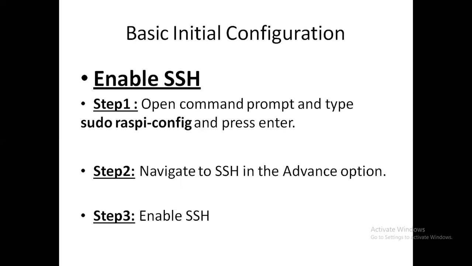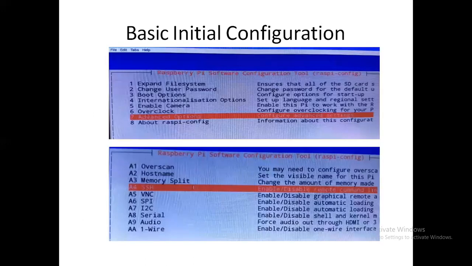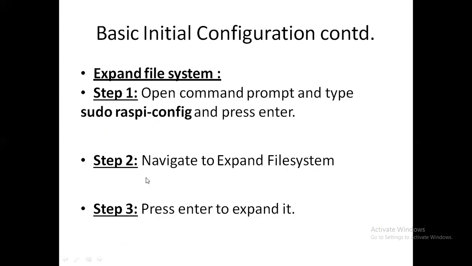Step 2: navigate to SSH in the advanced options. Step 3: enable SSH. This is how we'll be doing the basic install configuration. You select Advanced Options, and under that you select A4 SSH.